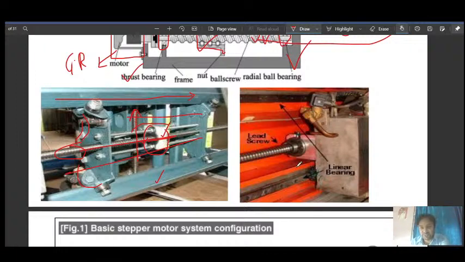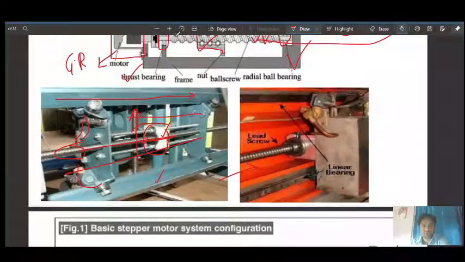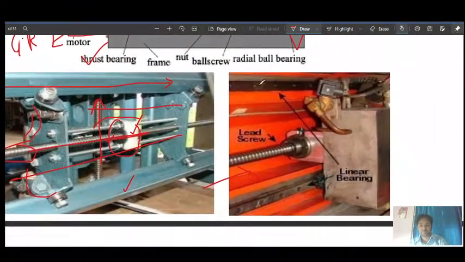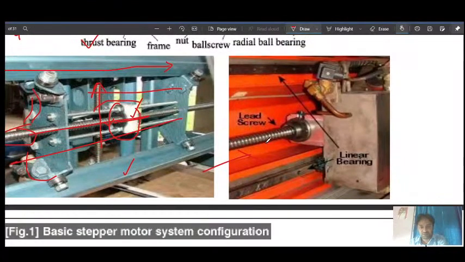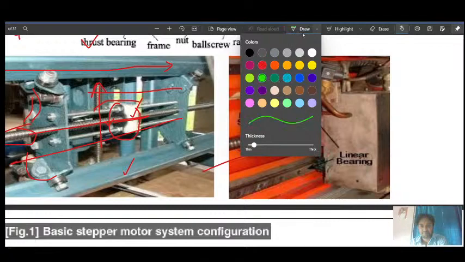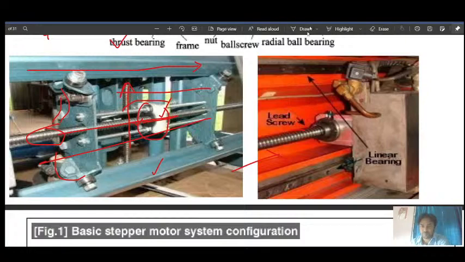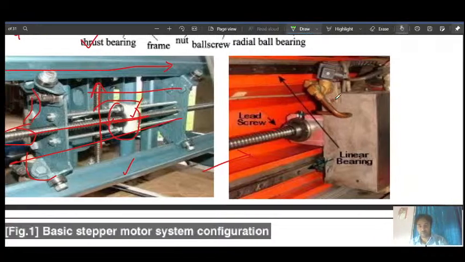Again, as you can see in this second diagram, let me zoom a bit. Here is the lead screw, and here you can see the mounting of the table.